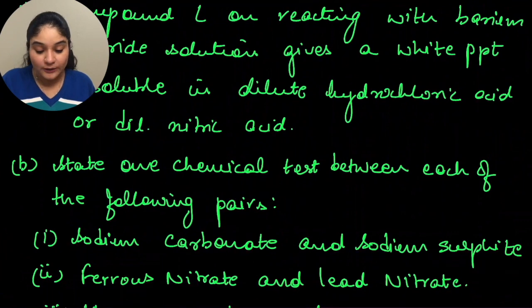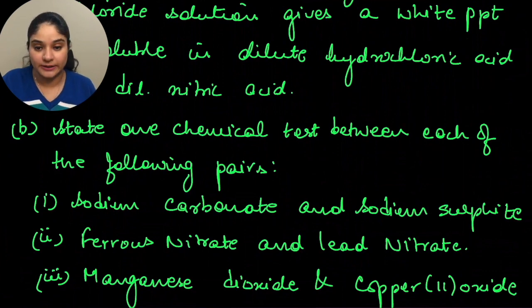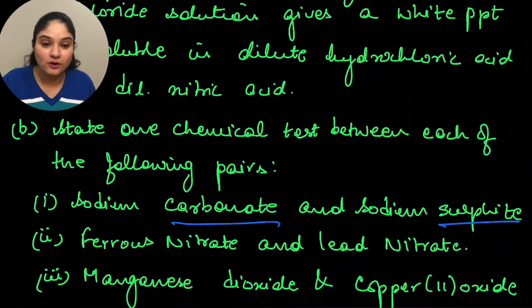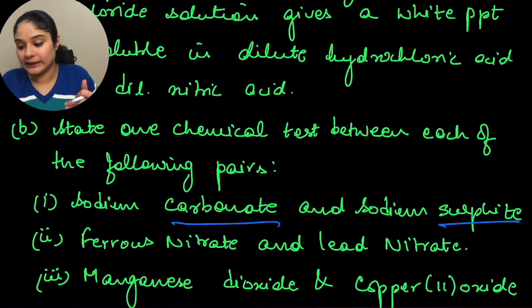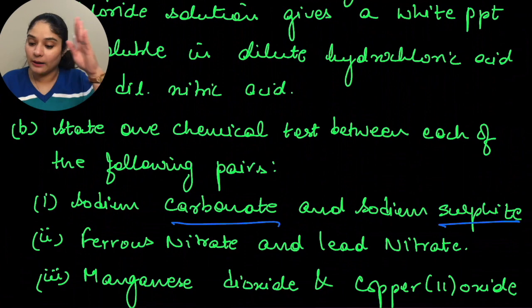Next is state one chemical test between each of the following pairs: sodium carbonate and sodium sulfite. Okay. So again, since you have carbonate and sulfite, you can take reference from that particular chart and say, let's add dilute hydrochloric acid to both the compounds. For sodium carbonate, you will get carbon dioxide gas.